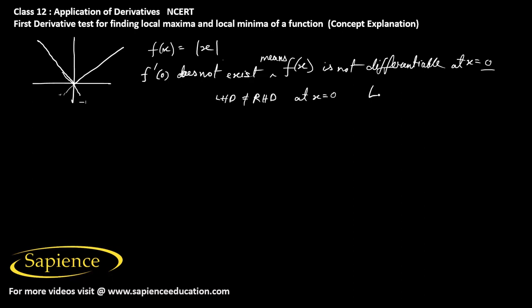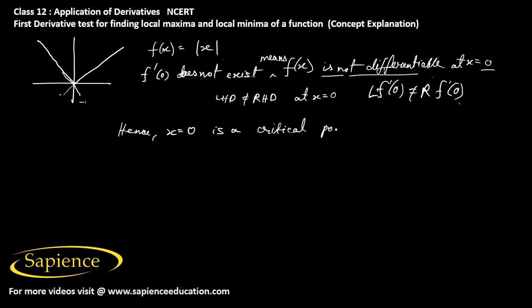It means that LF dash 0 is not equal to RF dash 0. Hence, at x equal to 0, the function is not differentiable. Hence, x equal to 0 is a critical point of this function.